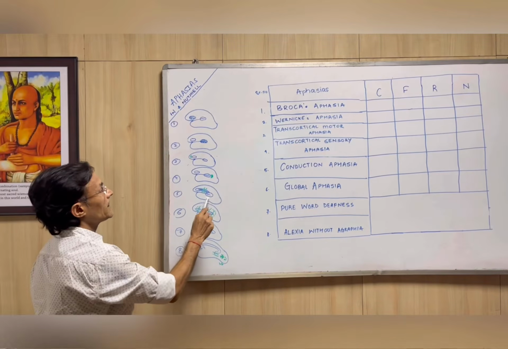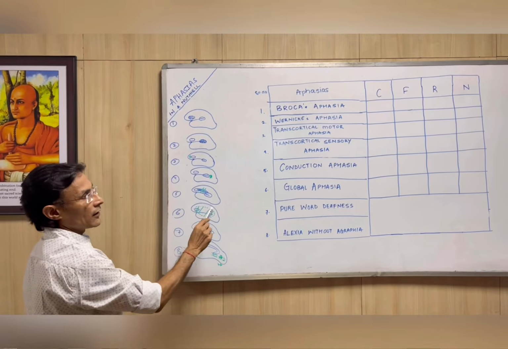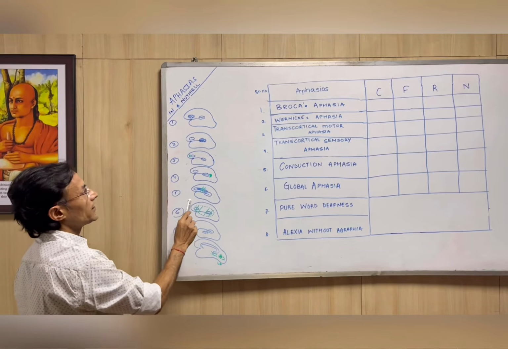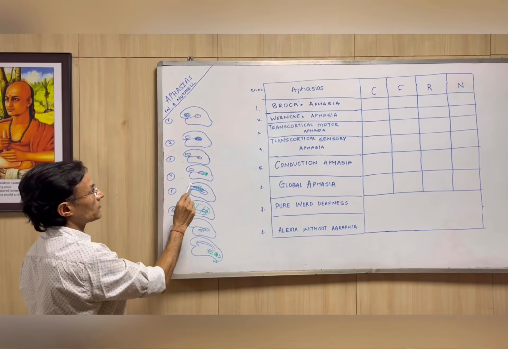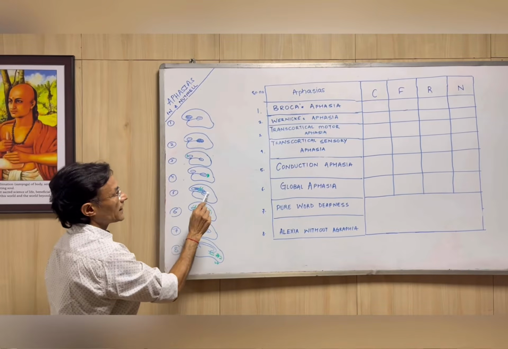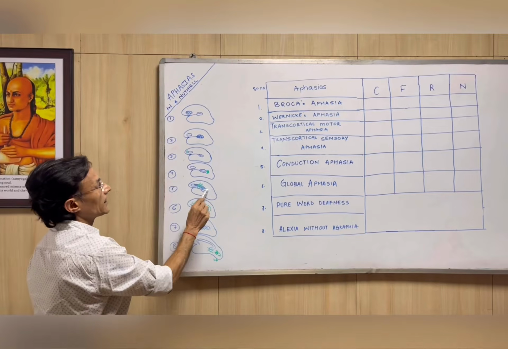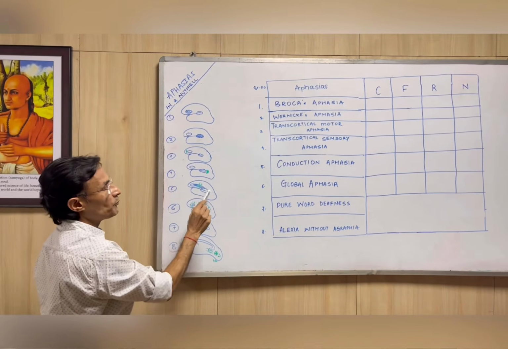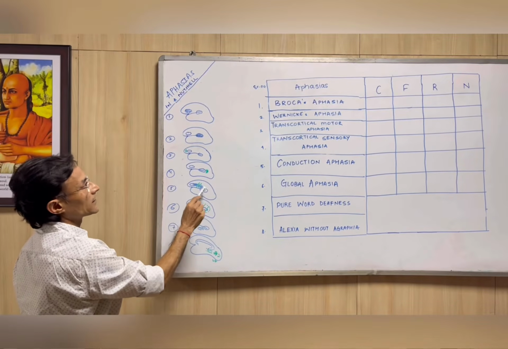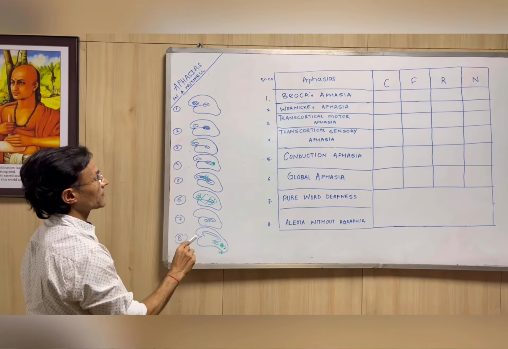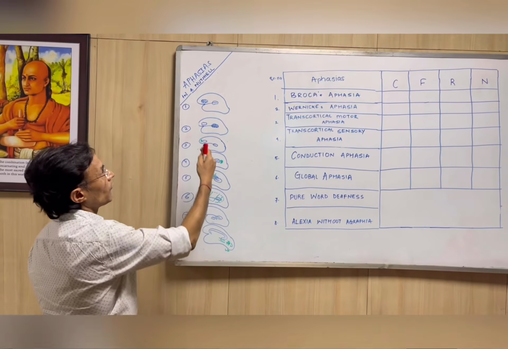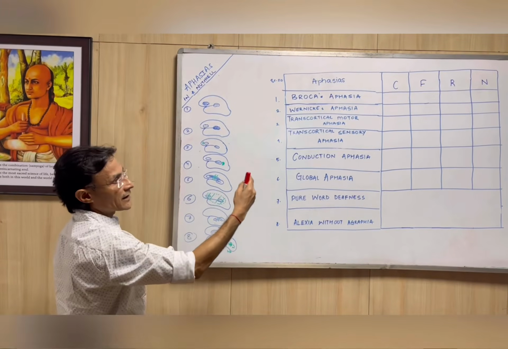This is the language network of the dominant hemisphere, again summarizing: the Broca's area, the motor speech area, and the receptive sensory area where speech is comprehended, connected through this arcuate fasciculus.